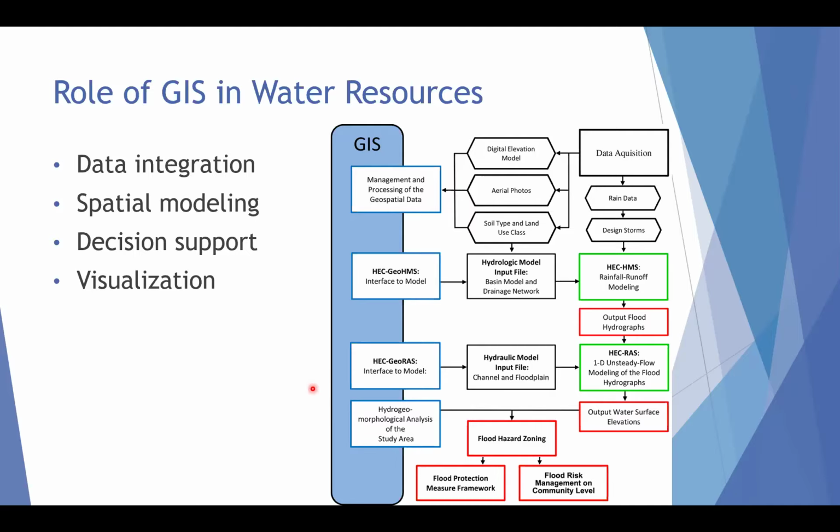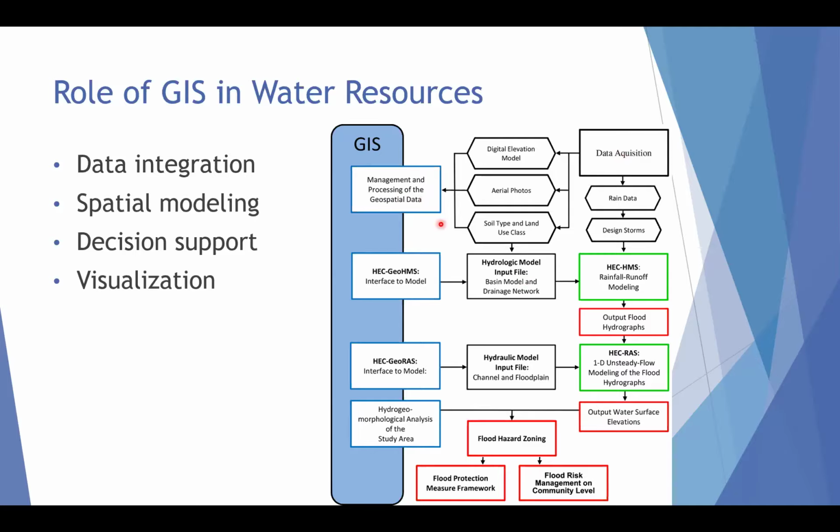I have just shown a flowchart here where you can understand that GIS is used to manage the spatial data and to process it, as there are several data sets here. Data acquisition may be through remote sensing or any other ground-based collection systems.